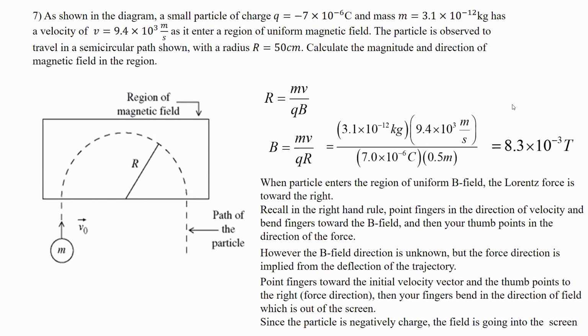And then try to rotate your wrists, without hopefully breaking anything, such that you can wrap or bend your fingers in the direction of the magnetic field that is given to you. Once you do that, your thumb will point in the direction of the force. V cross B is proportional to the force.